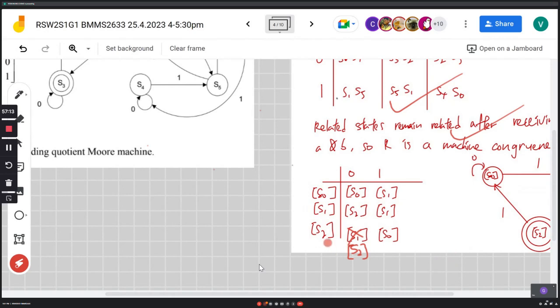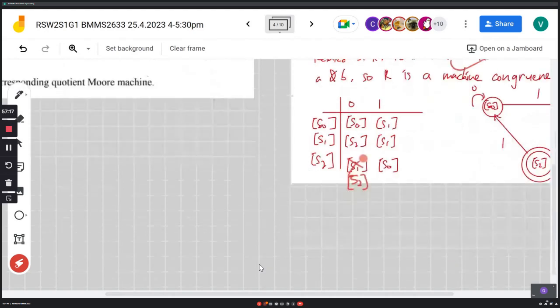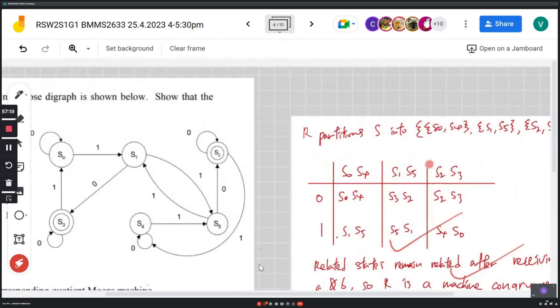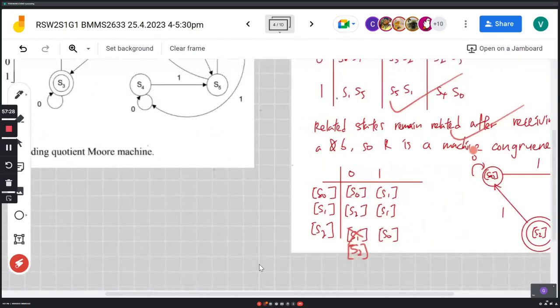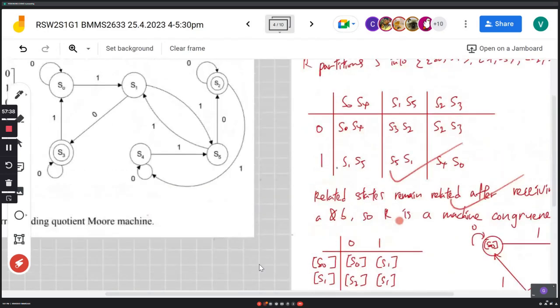Okay, if you have two in the table here, let's say after you divide the class, let's say here is S2 and then this one needs to divide again. Then these two become two classes already, right? Then in that case, when you draw the diagram, you need to draw S2 and S3 also, and both need the double circle. It depends on what happened to the state after we divide.